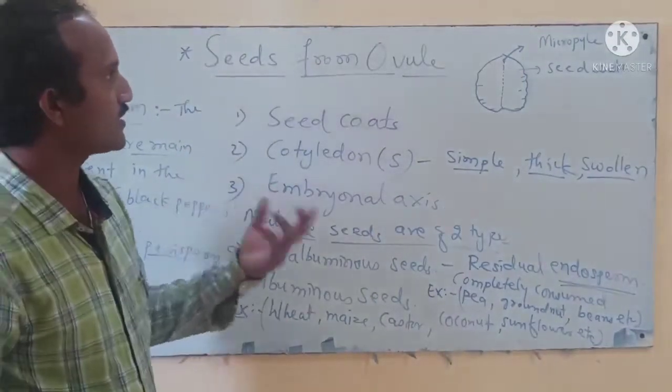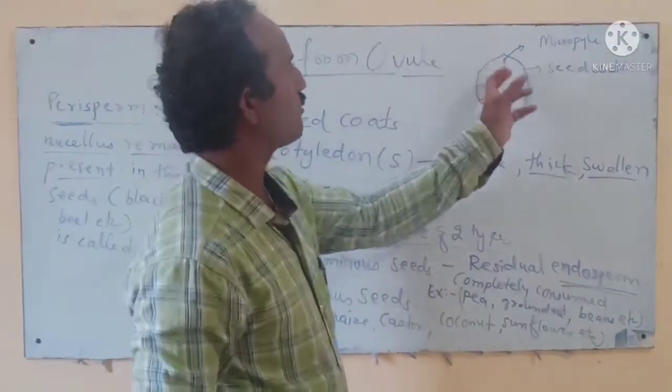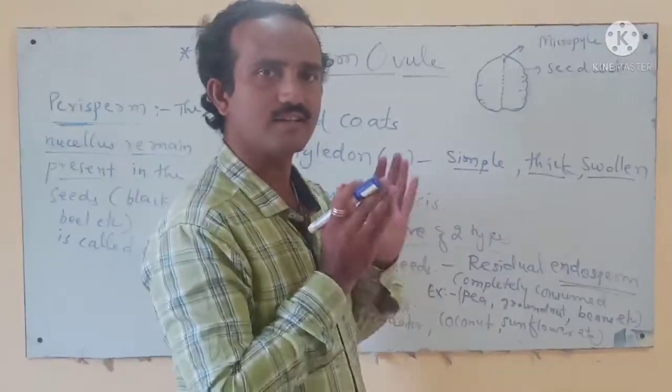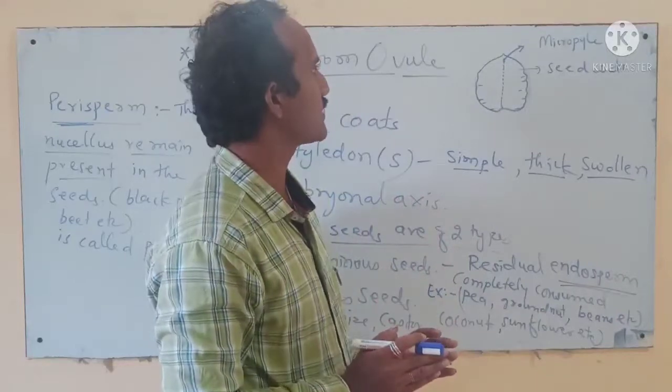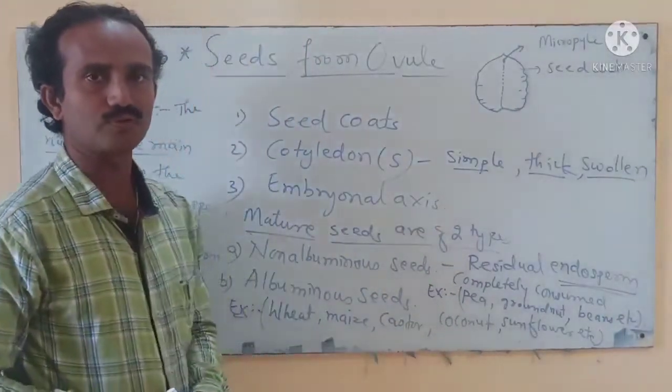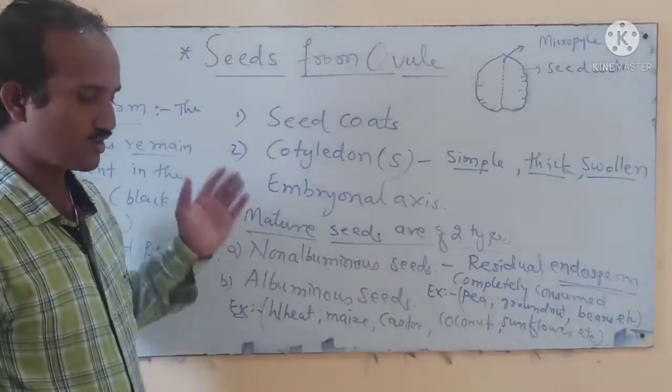During seed germination there is a requirement of oxygen to the seeds, as well as water, that will enter through this micropyle pore. So this is about the structure of seeds.